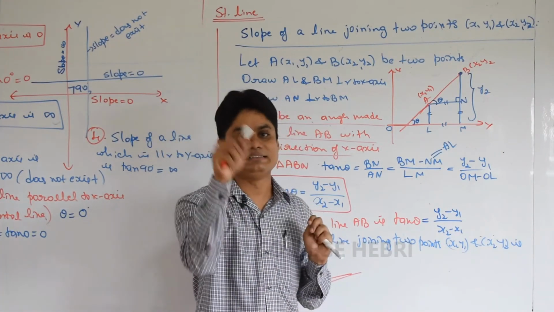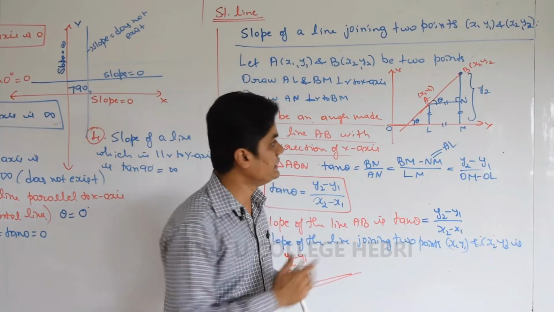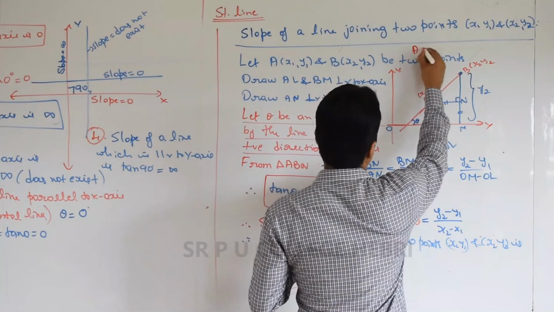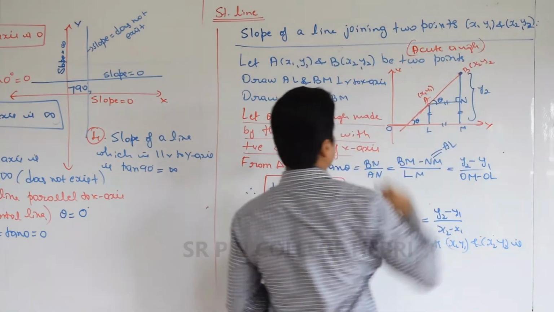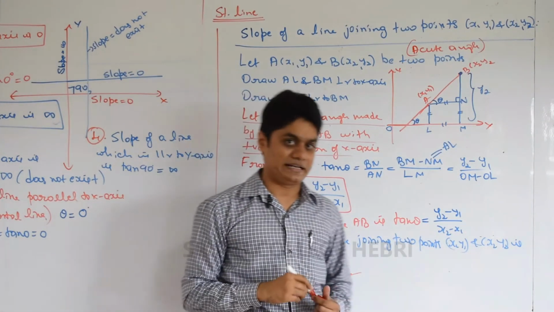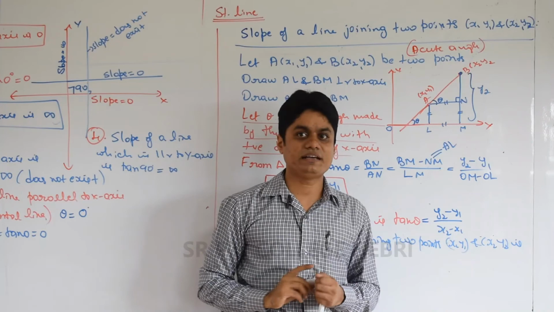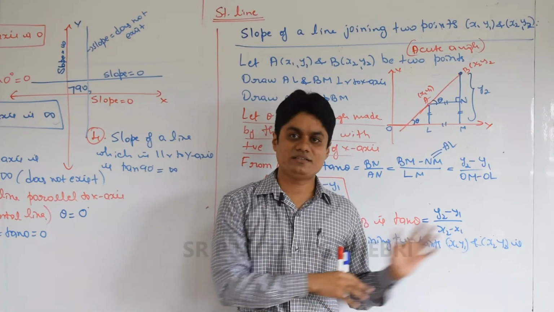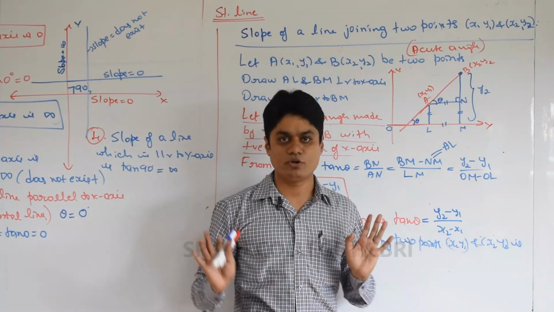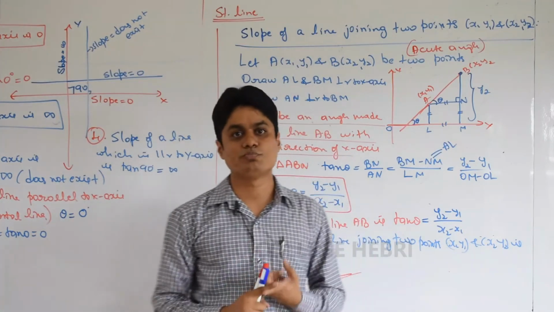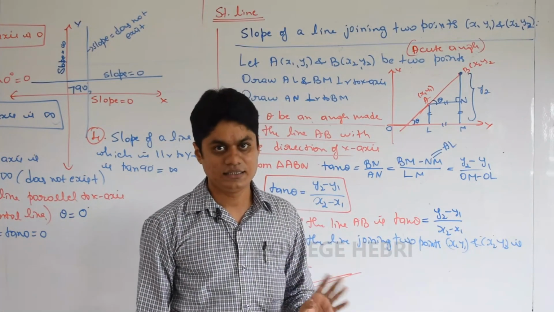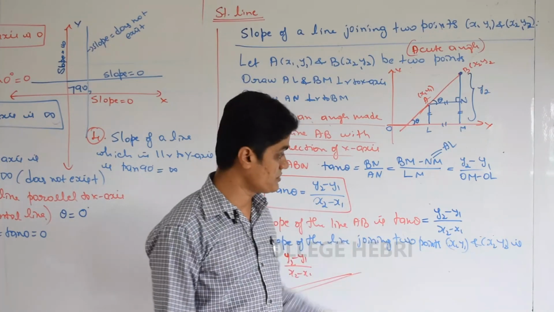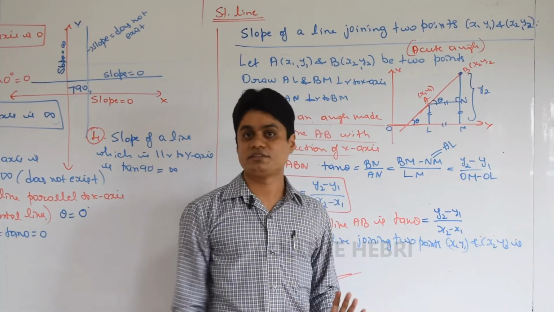Please remember this. We don't need angle theta to find this. Here we solved for an acute angle. In the next class I'm going to derive the same thing for an obtuse angle. You may get this derivation in the exam for 5 marks, otherwise just remember the formula, it is guaranteed important. So learn this properly. This derivation is important, and the final answer is also important.